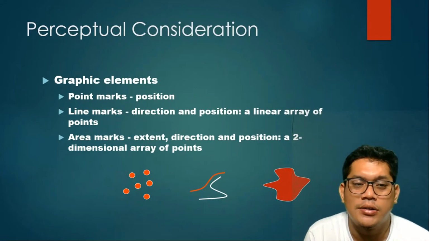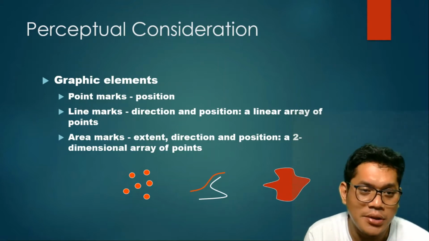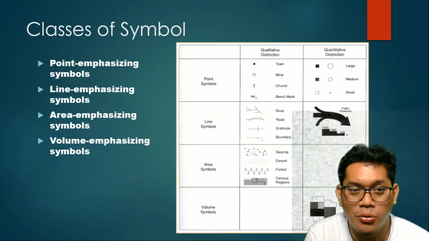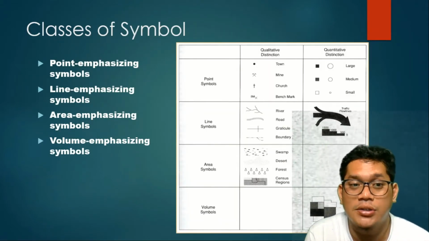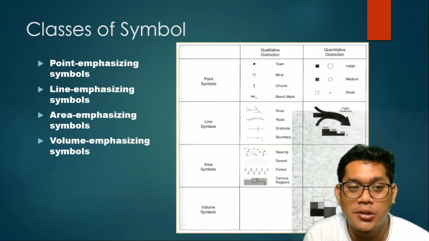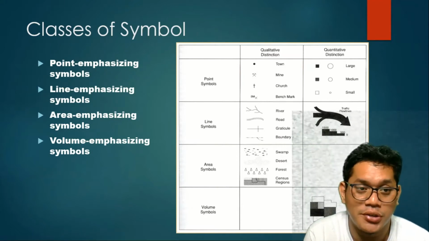So there are some perceptual considerations, such as the graphic elements. If you want to use points, lines, and areas, you have to make sure what you want to use. And the classes of symbols: where you want to use points, lines, and areas to emphasize what. It's very important to know about this.